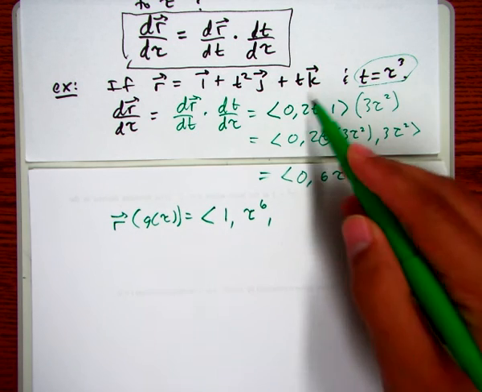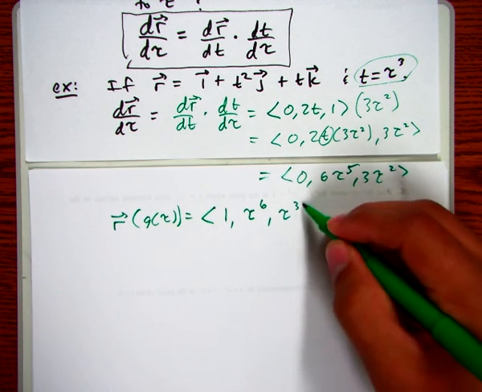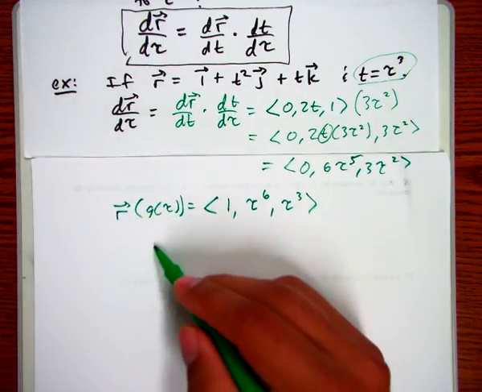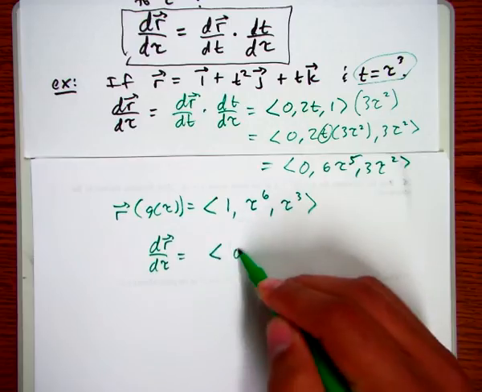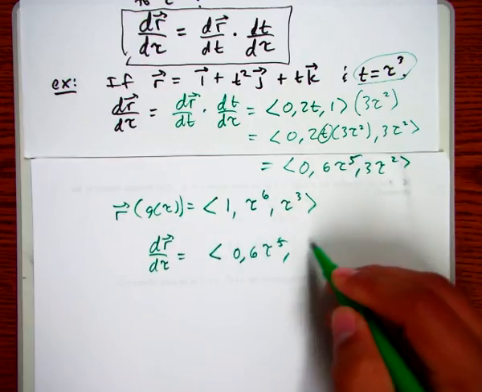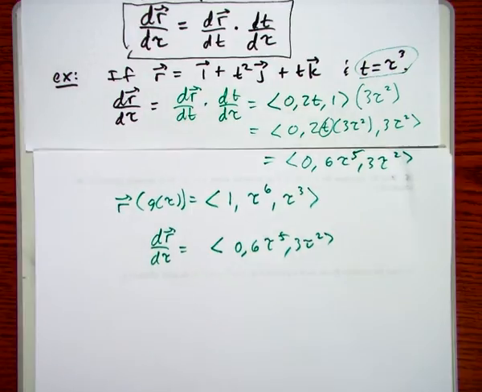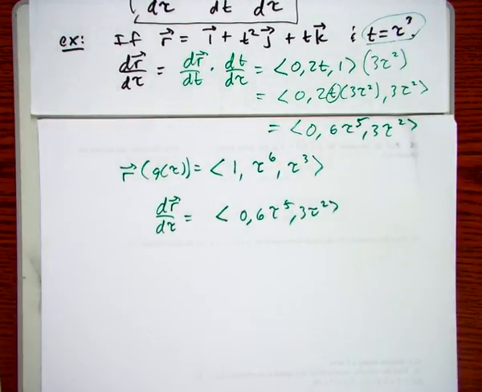And then here t is exactly the k component, so that'll be tau cubed. And now if we differentiate with respect to tau, we still get 0, 6 tau to the 5th, and 3 tau squared. Okay, so either way, you get the same answer. Are there any questions on any of these little details?